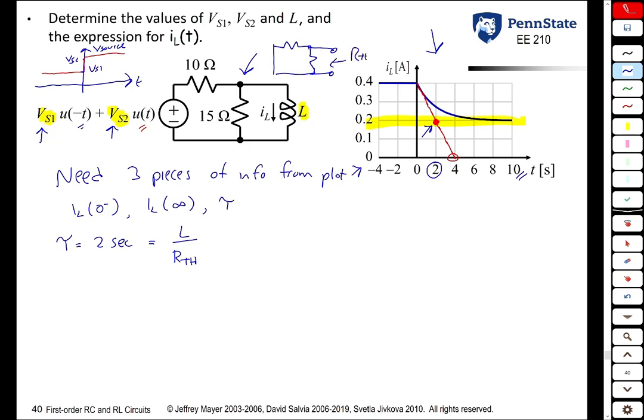R Thevenin is now the parallel combination of 10 ohms and 15 ohms. So R Thevenin is 10 in parallel with 15, or 6 ohms. So L is going to be 6 ohms times 2 seconds, or 12 Henry.